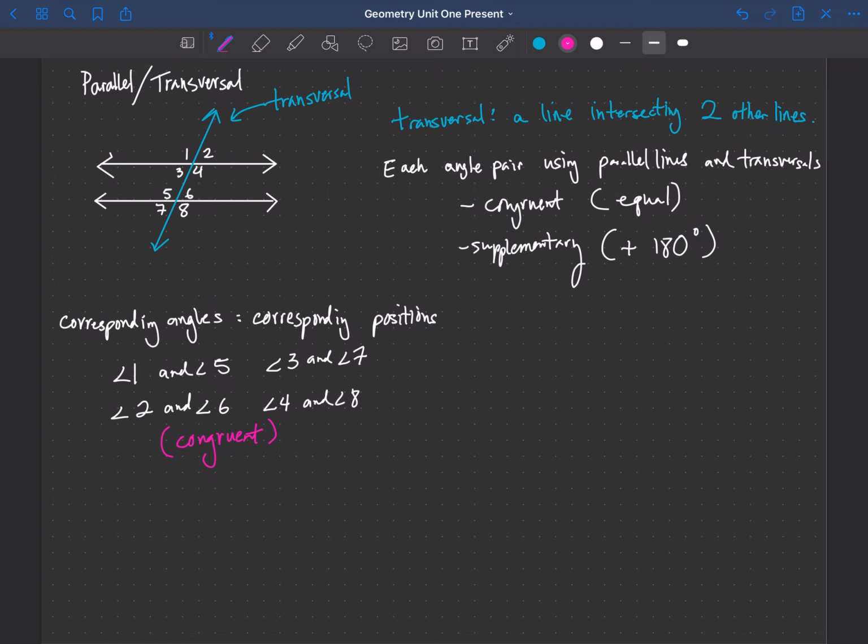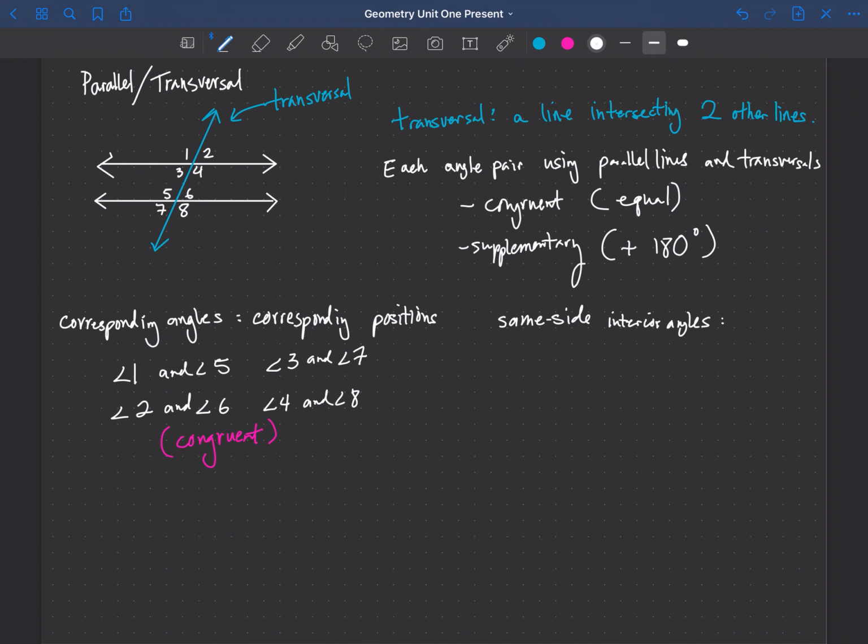Let's look at another type of pair. We have same side interior angles. Same side interior angles means that it is on the same side of the transversal, so it's either on the left side or the right side of the transversal, and interior means they are inside the two parallel lines.